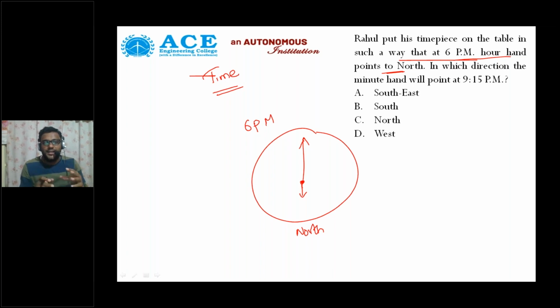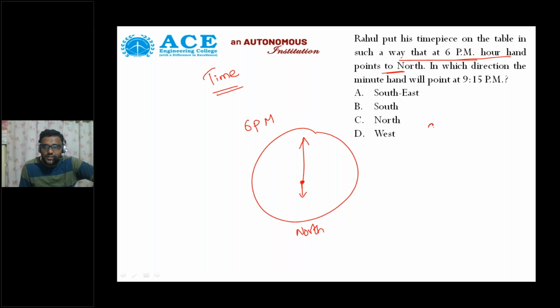See, basically the directions are fixed. You can rotate the watch, but for your understanding, the timing we are fixing, we are rotating the direction actually. But practically the directions are fixed, and the watch can be placed in different ways. But here, for your understanding purpose, timing we are fixing, we are changing the direction. Okay, fine.